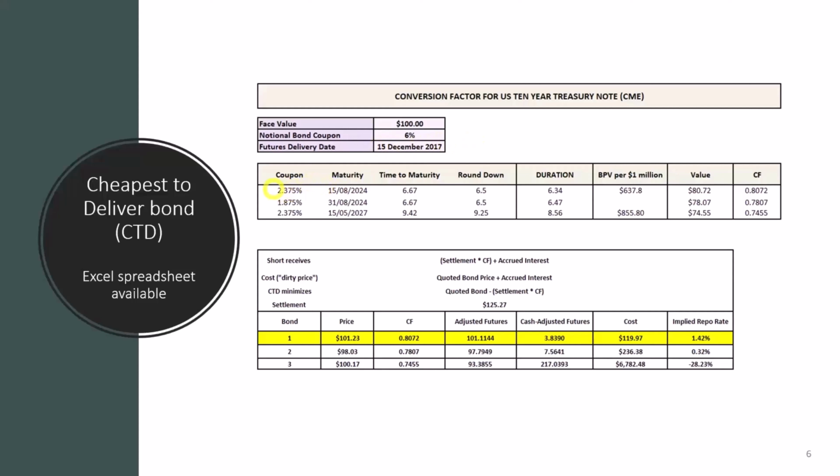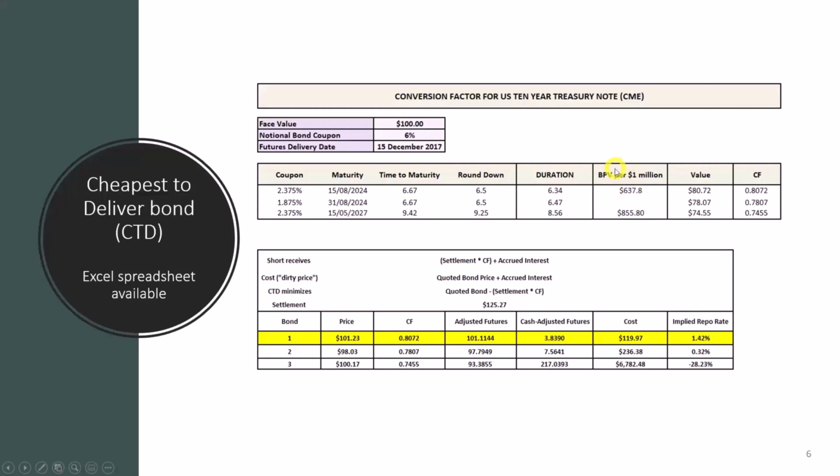So we can see here, for example, this is the 2 3/8 coupon. This has a maturity of August 2024. At the time when this was captured, with respect to that delivery date, there were 6 2/3 years left to run. There is a convention within the CME contract that you use a rounding down principle, so I've applied that here. We can calculate the duration of this bond. I'll show how that can be done.